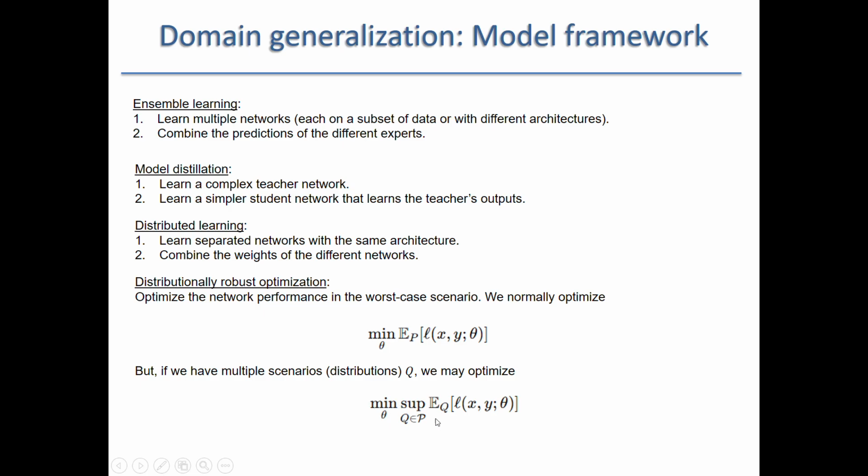Minimax means you take the expected loss under the distribution Q, and you take the maximum, or the supremum, of that, meaning that in the worst case scenario this is the loss that we will have, and then we try to minimize the loss in the worst case scenario.